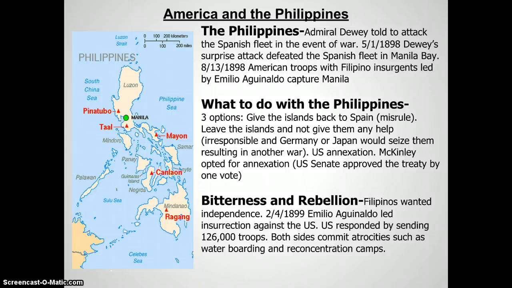When all is said and done and Spain, quote unquote, releases the Philippines to the United States, the Filipinos will continue resisting the United States military in order to gain independence. And that will be some very bitter fighting, as we'll see in our investigations in the coming week.